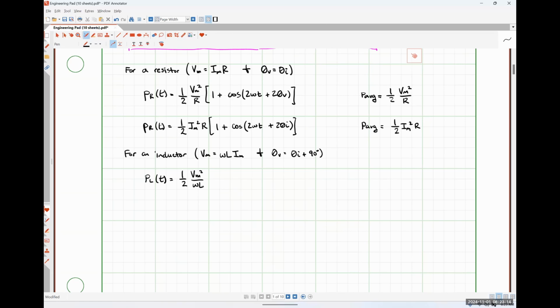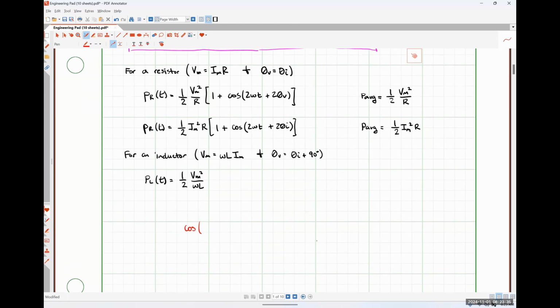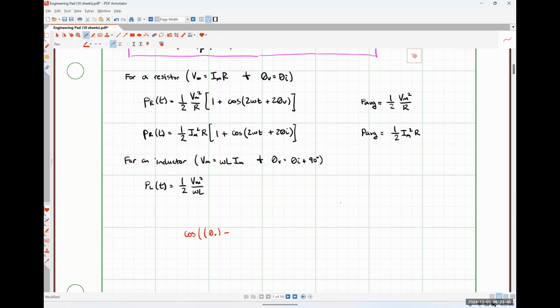Now we are going to have that cosine X minus cosine Y term, okay? So I'm going to write this down here in red, and I'm going to wind up erasing it in a minute. I just want to show you guys what's going on. So we're going to have cosine of theta V minus theta I. Well, theta I is just theta V minus 90 degrees.